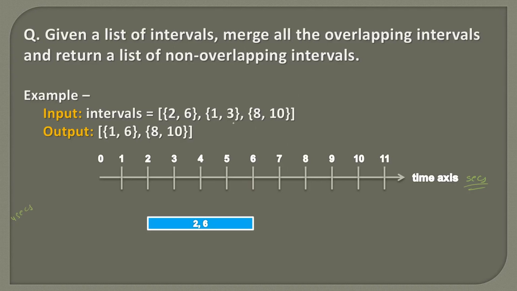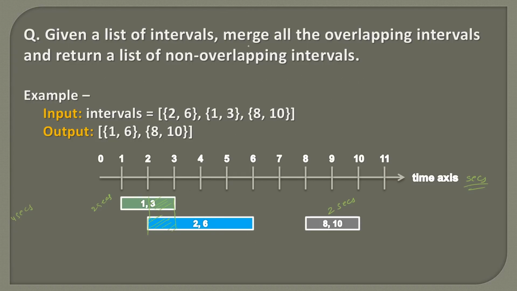If we plot 1, 3, it would look something like this. 1 is the start and 3 is the end. After that we will plot 8, 10. So it looks like this. So this is a 2 seconds interval and this is also a 2 seconds interval. Here if you see, 1, 3 and 2, 6 are overlapping each other. So this is the area where they are overlapping.